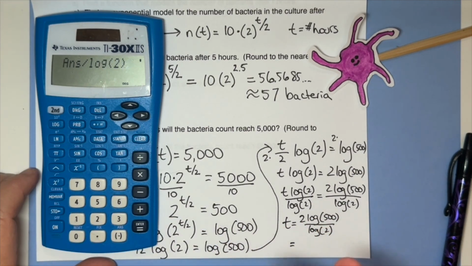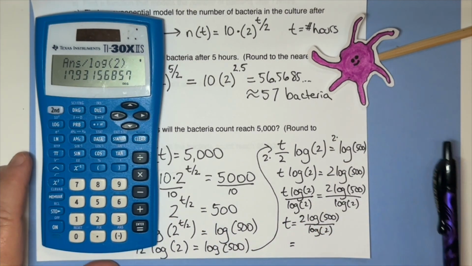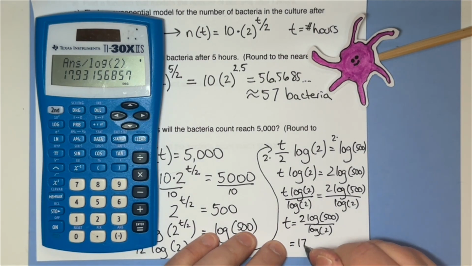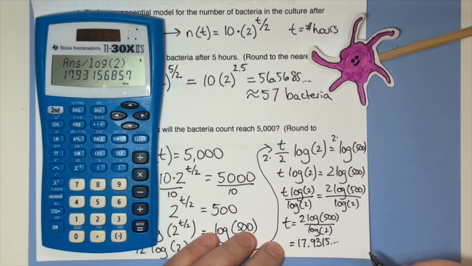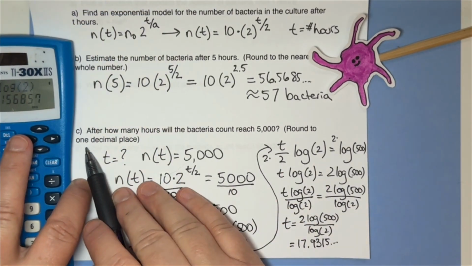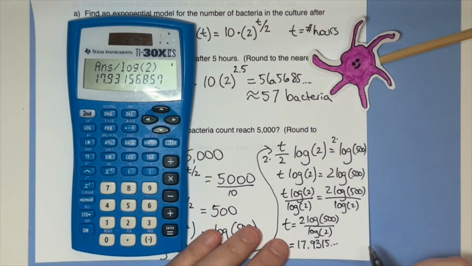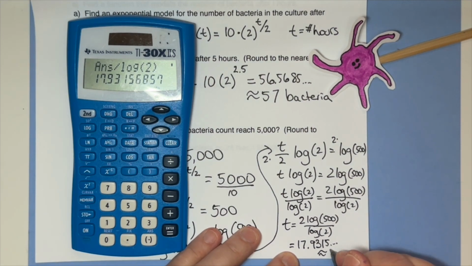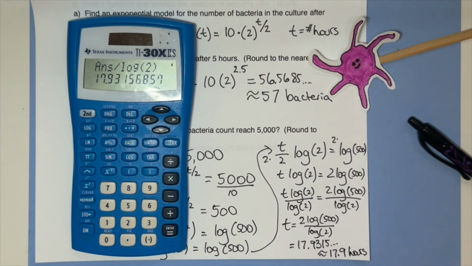You can split it up into 2 parts like that. I get 17.9315, etc. It says round to 1 decimal place, so this is approximately 17.9 hours. Oh my goodness, barely fit that in down there at the bottom.